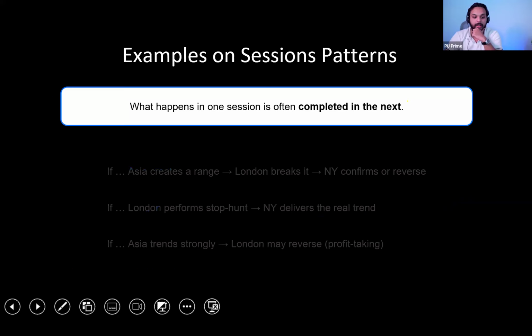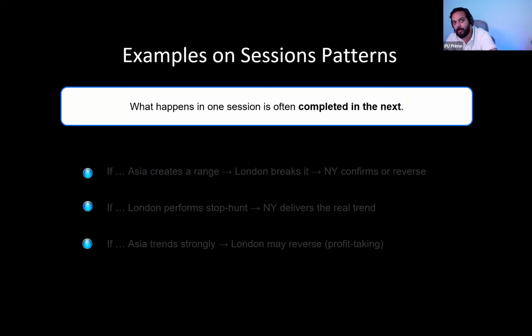These are the patterns of the Asia, New York and London sessions, because there is a correlation between the sessions. If Asia creates a range, when London opens, London is going to break it, either high or low.